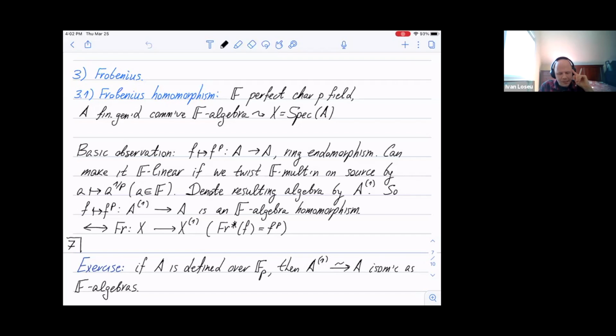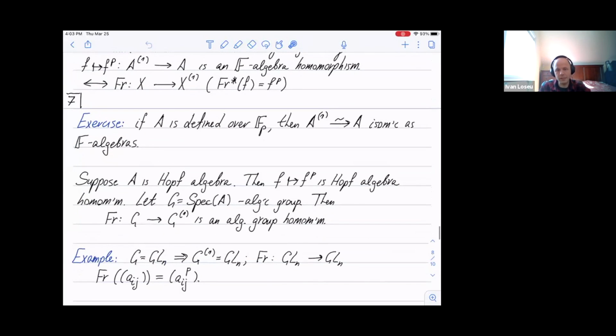And the last thing that we discussed last time was about the Frobenius homomorphism. So let me do a brief reminder. We have a characteristic p field F, and for a scheme X over F, we can consider its Frobenius morphism, which on the functions just gives p's power.